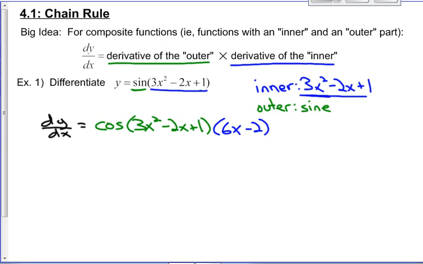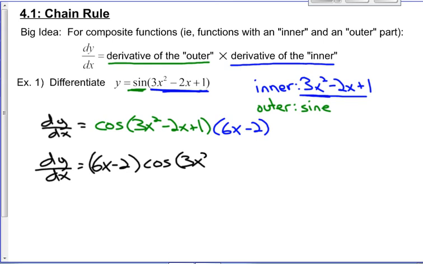Okay, that's the derivative of 3x squared minus 2x plus 1. So again, derivative of sine gave us the cosine. Derivative of the inner gave us that 6x minus 2. If we rewrite this, maybe we'll want to put the 6x minus 2 out front. And there we go. There's the expression for the derivative of that original composite function.